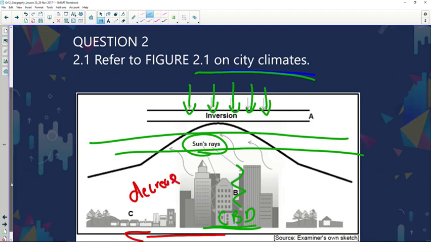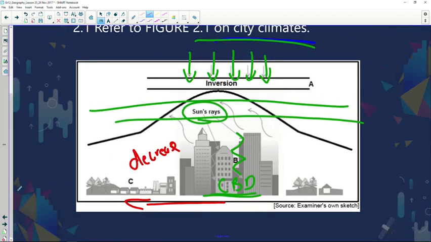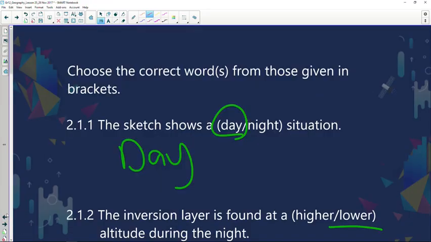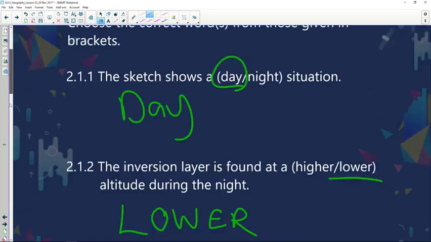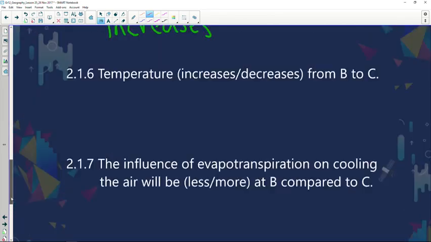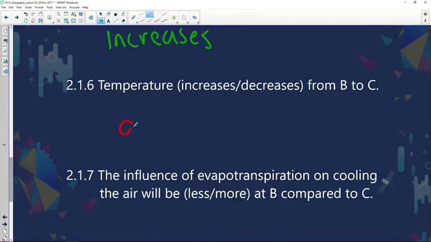Because if you look at the residential areas, you will find more green belts and more open water surfaces. Remember, a lot of artificial heat is being generated in the CBD area. So let's quickly go back to our question, and the correct answer will be decrease.